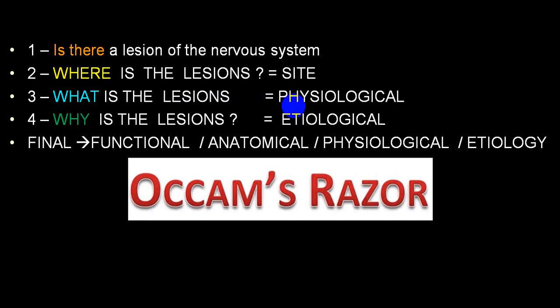That is etiology, whether it is infective, traumatic, vascular, or demyelinating. After putting all those together, the final diagnosis is what we call a functional diagnosis, which includes anatomical, physiological, and etiological. So that we call the final diagnosis.